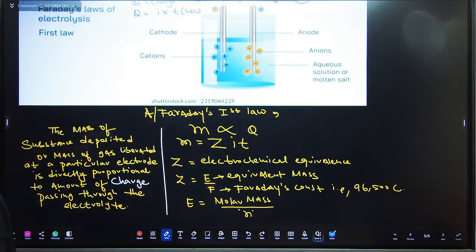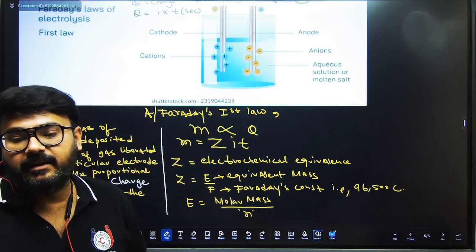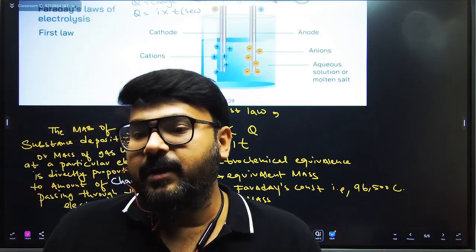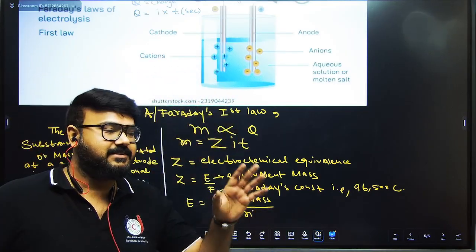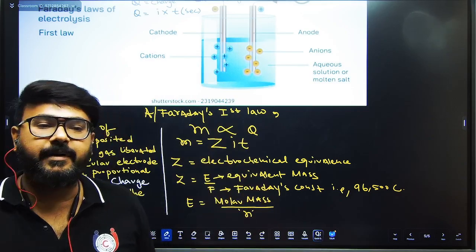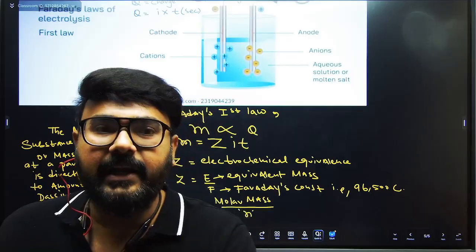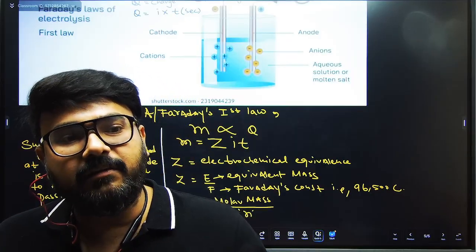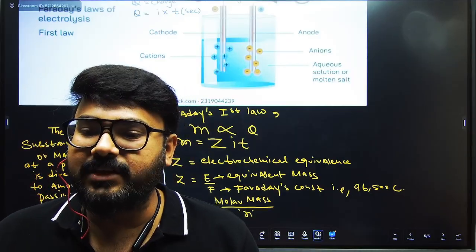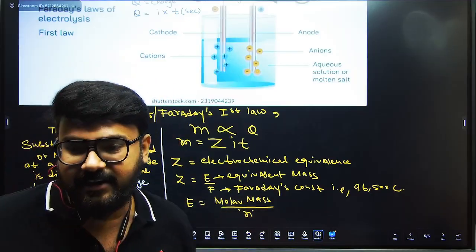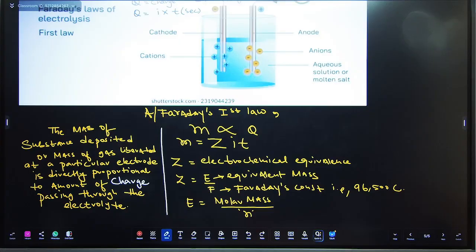That's it. The first law can be summed up as: whatever amount of food I give him, that big he'll grow. Understood, Shashank? Same thing the first law is. Got it, everyone?